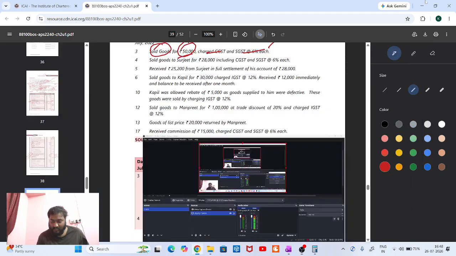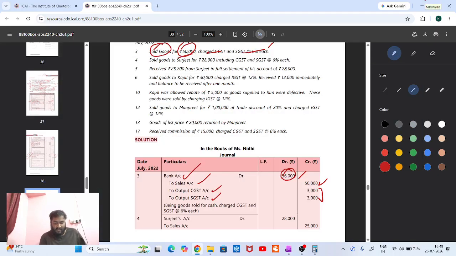Hello, I'm back for the second entry. Sold goods to Suchi for 28,000, including CGST, SGST. By now you should know about this. Debtor account debit to sales, Suchi account debit to sales, output CGST, output SGST.